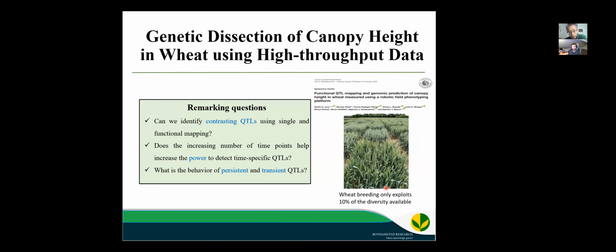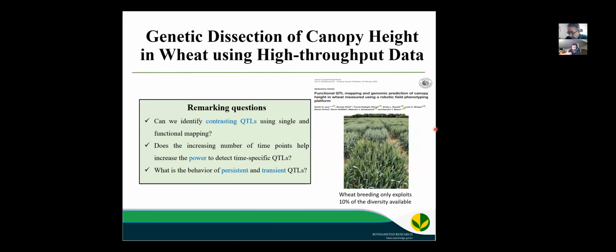Next, I explained the properties and what a functional mapping is itself. I hope you understood that. And I would mention my publication, where we had basically the same questions any functional mapping study should have: can we identify contrasting QTLs when you use single time point and functional mapping?